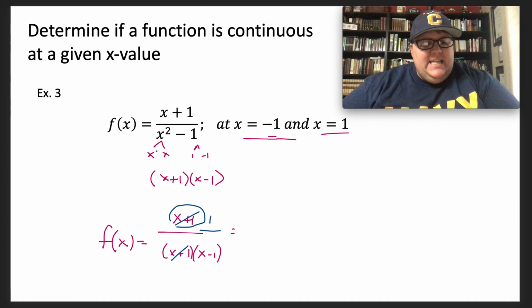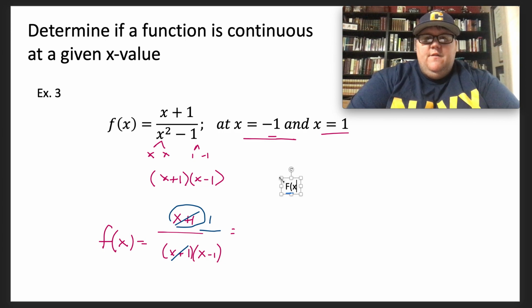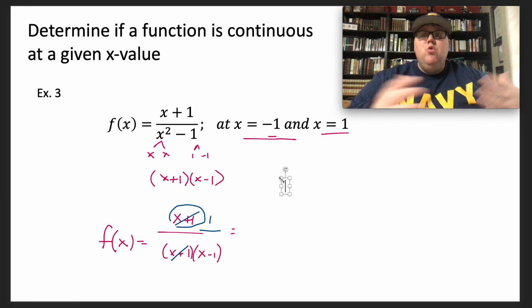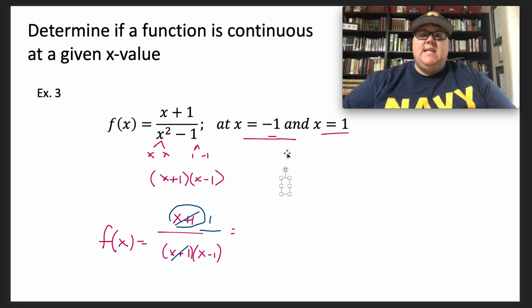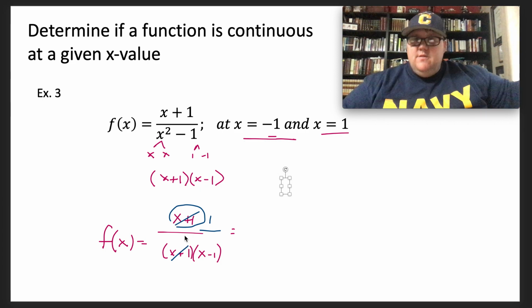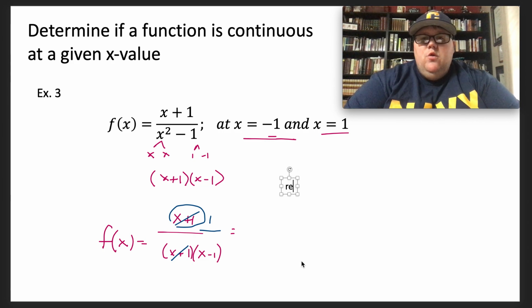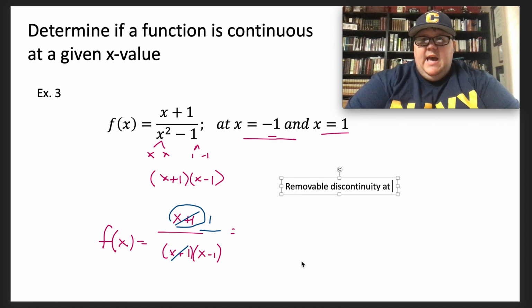So at x equals -1, it's a removable discontinuity because I'm removing that issue out by canceling out, because when I put -1 in there, that's what's going to give me my 0 in the bottom. So it's a removable discontinuity at x equals -1.